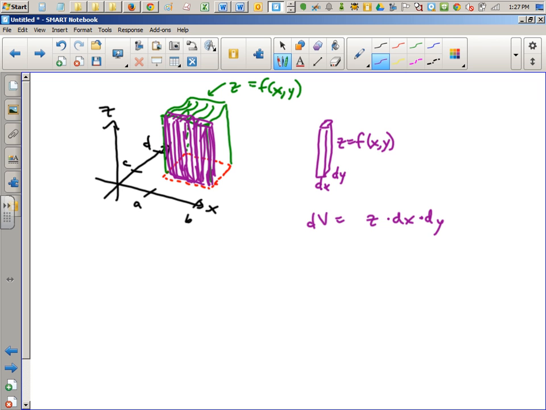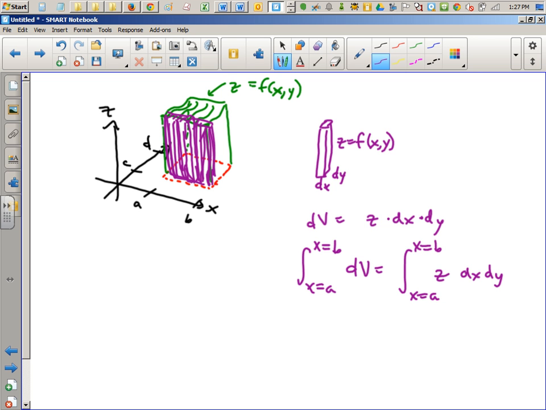That's a good question. So what I'm going to do is integrate from a to b, like this. Integrate from x equals a to x equals b on both sides. And you can see this is not going to give me the full volume, but it does give me one sheet of constant y here. And then we can integrate the sheets together in the y direction by going from c to d.